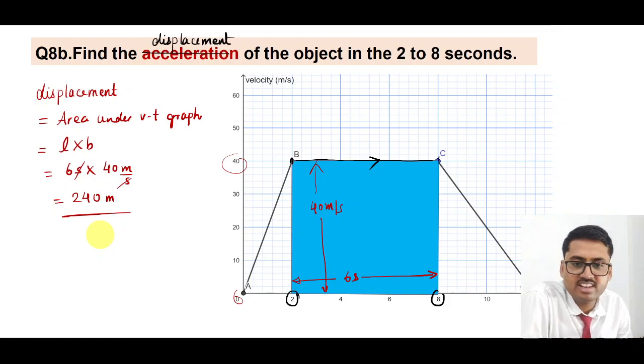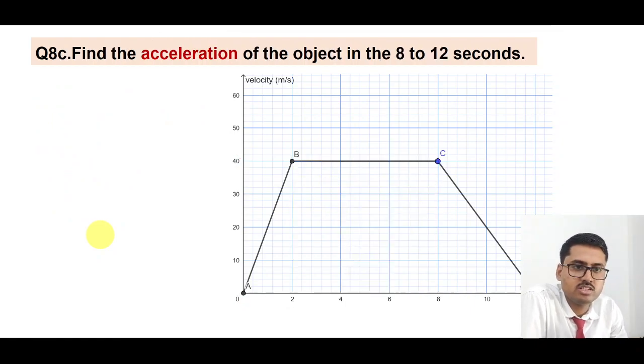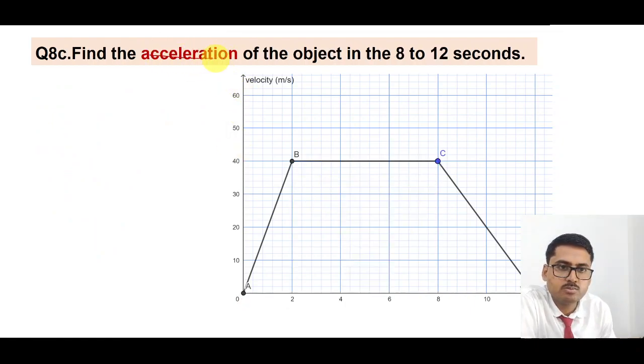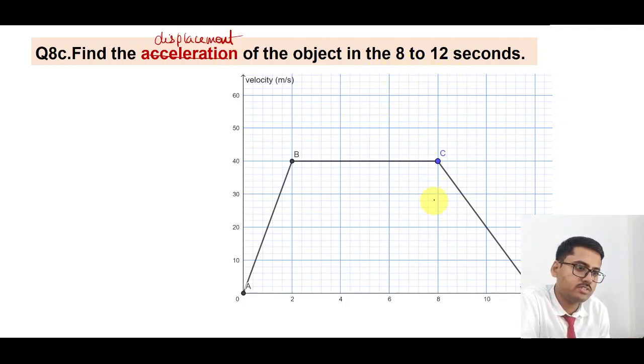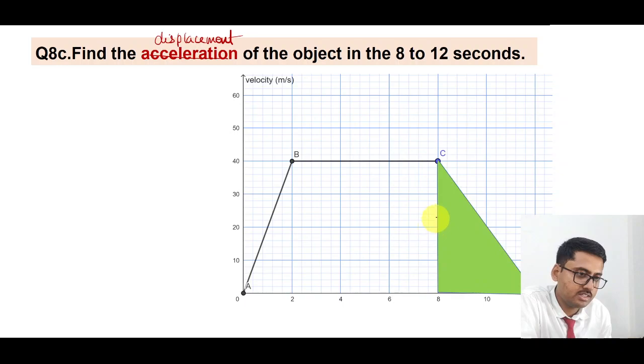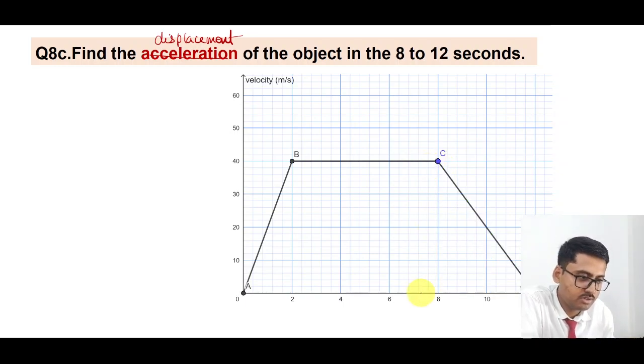That's it. And if the question is asked like what is the displacement of the object in 8 to 12 seconds, which will be like this one, because the graph between 8 to 12 seconds is C to D.